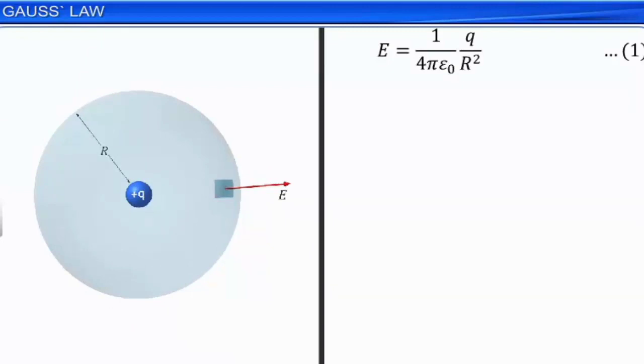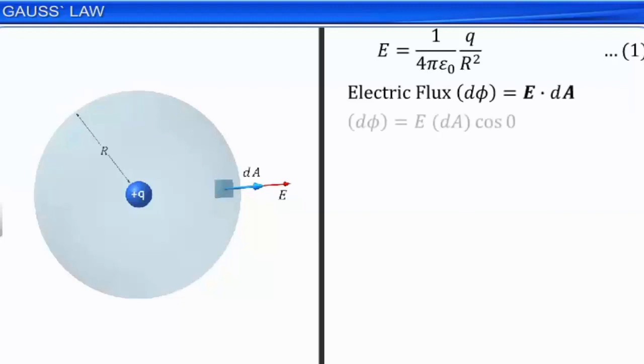Therefore, we see that at each surface point, the electric field strength E is parallel to the area vector dA, which represents the area of an infinitesimally small element on the surface. Since E is parallel to vector dA, the electric flux d phi passing through this local element is equal to E dot dA is equal to E dA cos 0, and as cos 0 is equal to 1, d phi is equal to E dA.